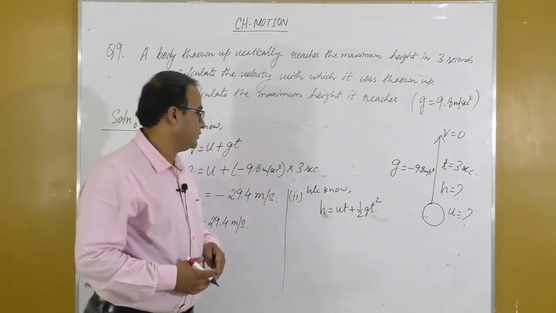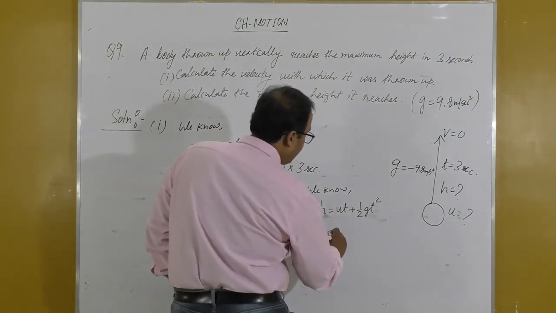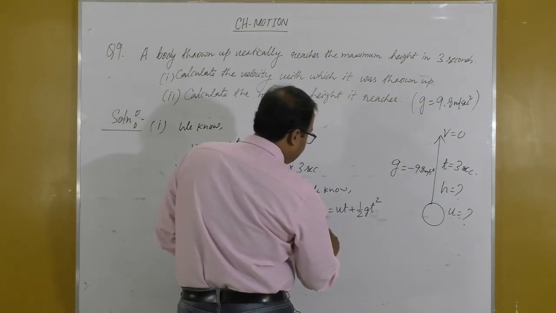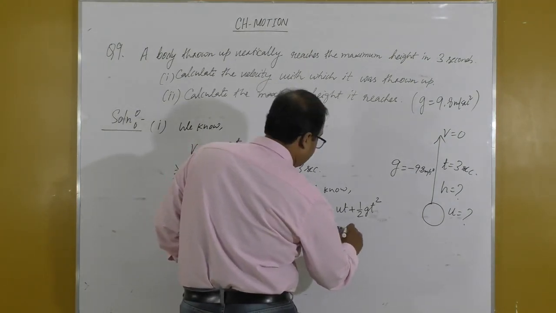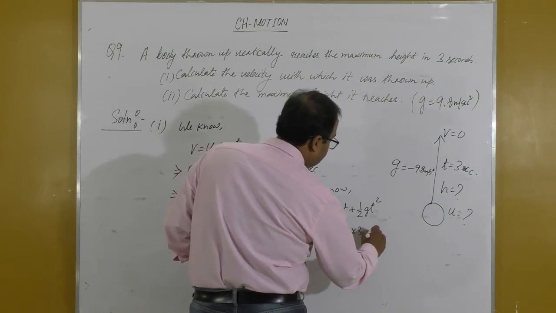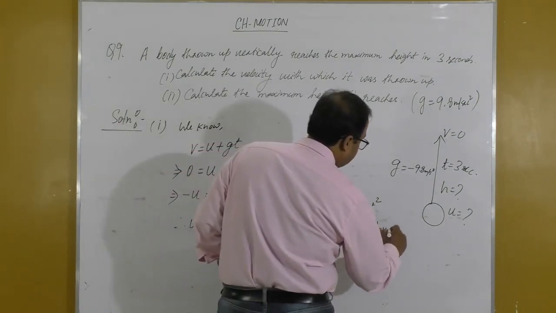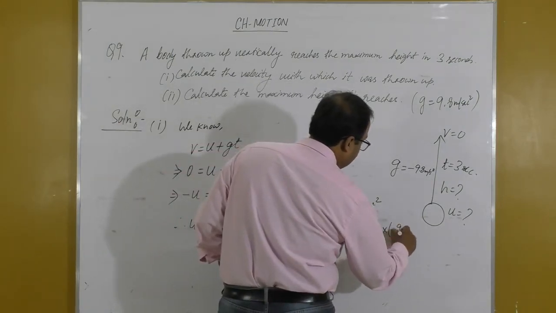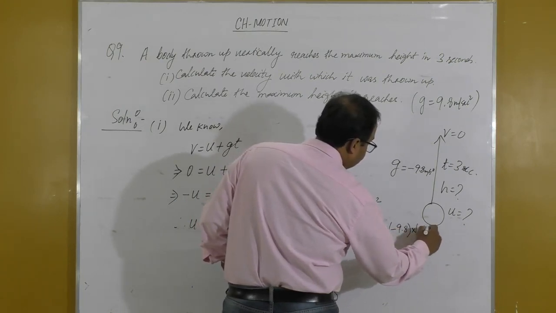So h equals ut plus half gt square. The value of u we know is now 29.4 and time is 3 seconds, and here half into g, we have to take minus 9.8, and time is 3, so 3 square.